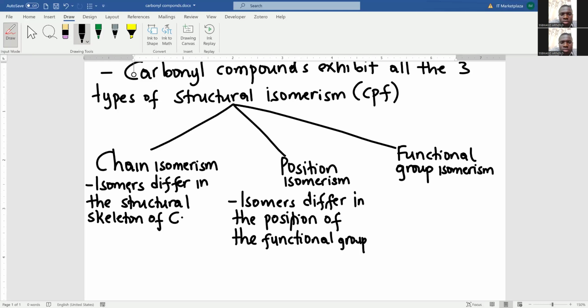For example, in one I can have a situation where the functional group is at position 1, then in the other I have a situation where the functional group is at position 3. So for position, just as the name sounds, they just define the position of the functional group.